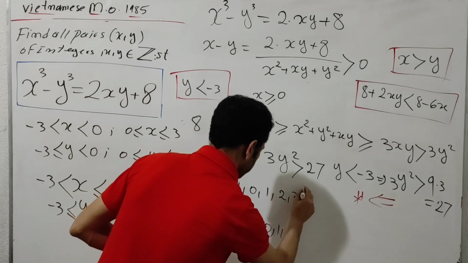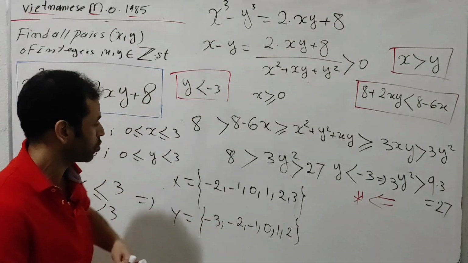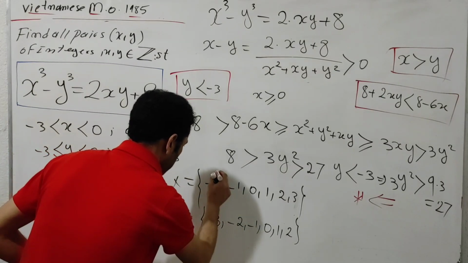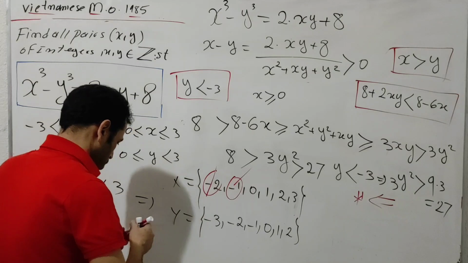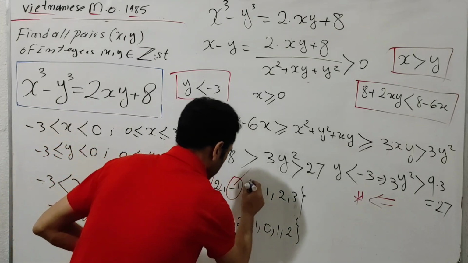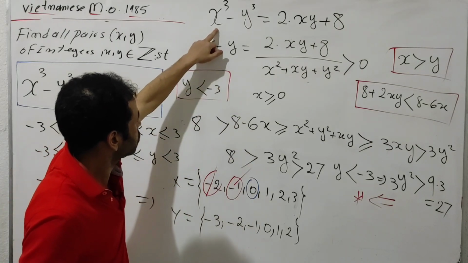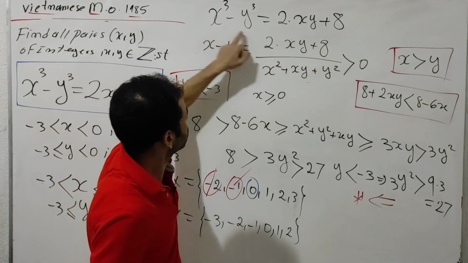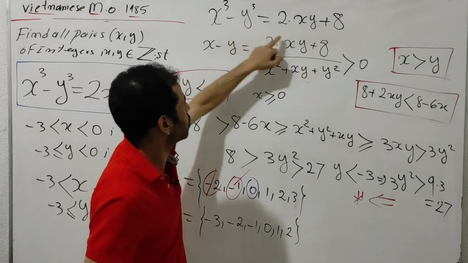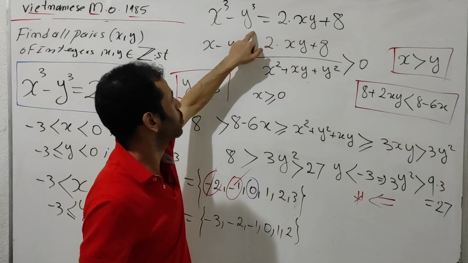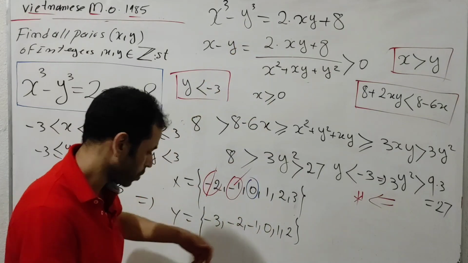If we check all these numbers and replace them into this equation, you will find minus 2 not working, minus 1 not working. You will find 0 is working, because if you replace x with 0 here, it becomes 0, and this one becomes minus y cubed equals 8, which is minus 2 cubed. So minus 2 will be the solution for y.